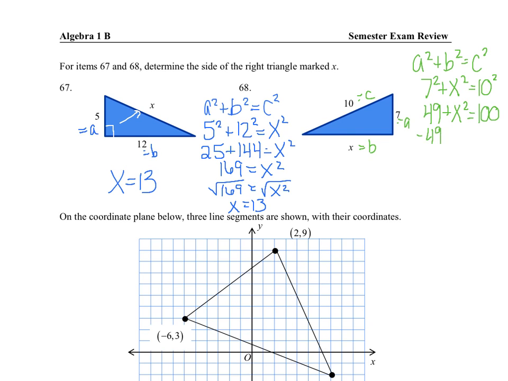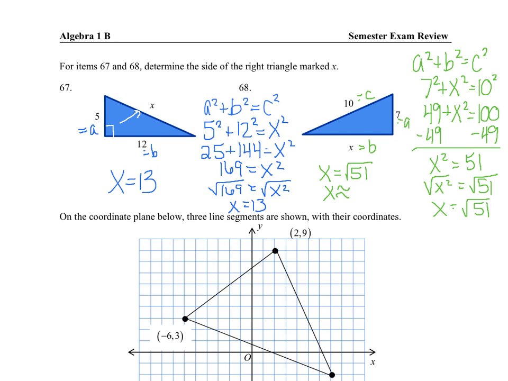I'm going to subtract 49 on both sides because I want to get x squared by itself, and that's going to give me 51. So when I square root both sides, I'm going to get x equals the square root of 51. So that leg is going to be equal to the square root of 51, or I can round it and say x is about 7.141.